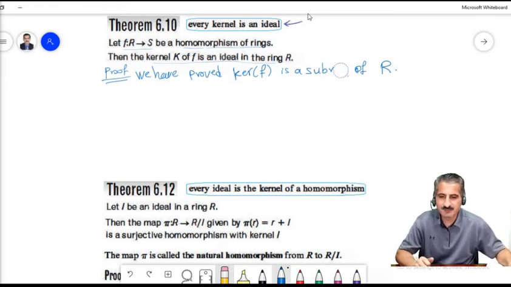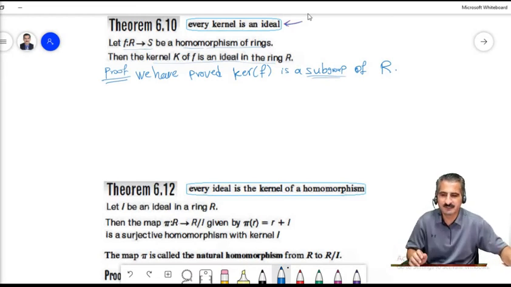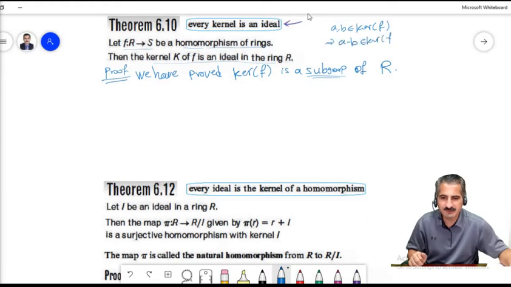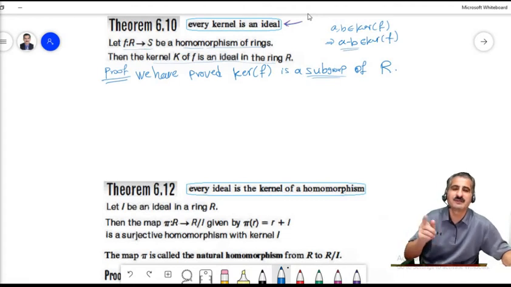A subgroup, I want to say here, because I already said that R is a group, and when we worked with the groups, we proved it is a normal subgroup. And this is just simply by saying that if a, b belong to the kernel of f, then a minus b belongs to the kernel of f. And to prove that, you use the homomorphism and distribute f over the negative.